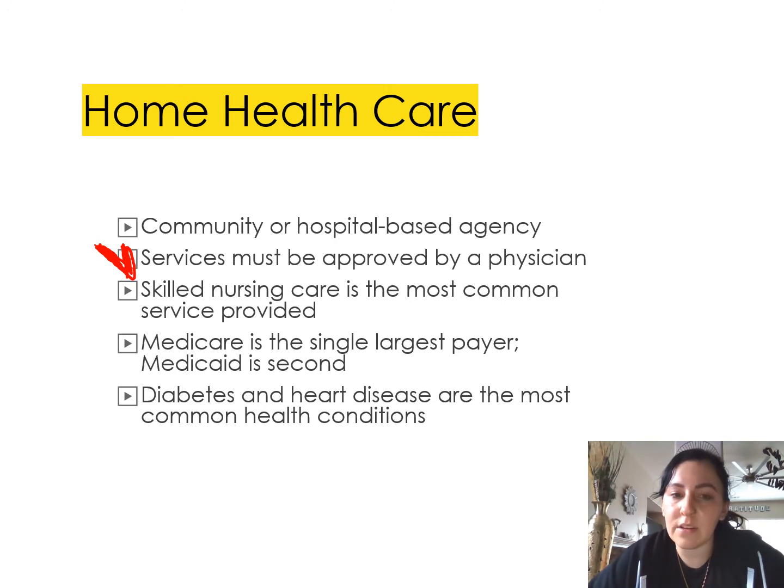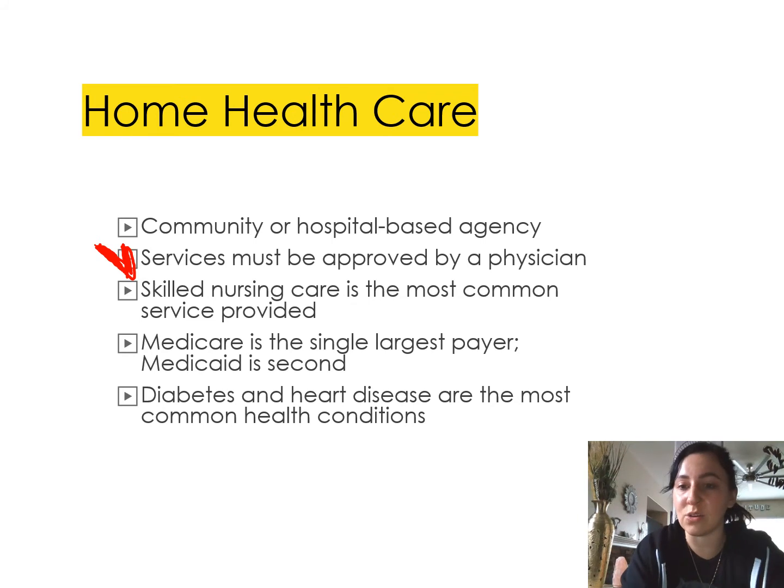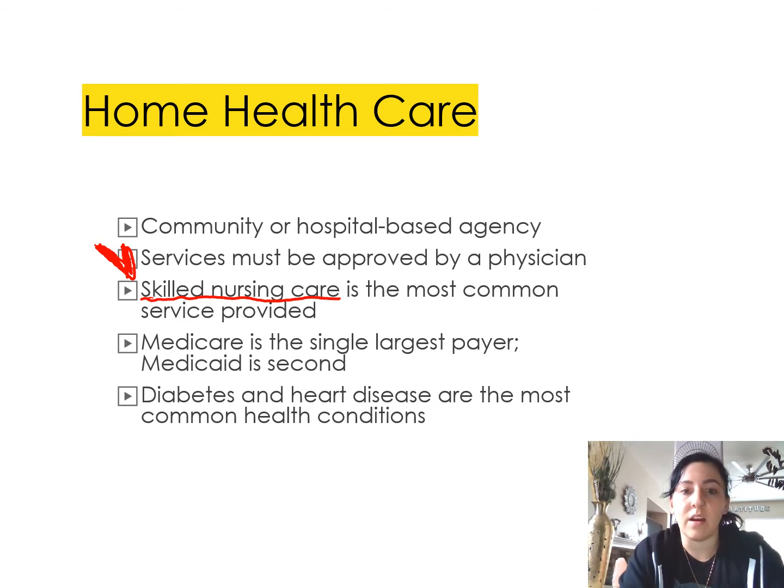Most common type of services provided for home health will be like infusions and a lot of those type of medications. So usually you're going to get an actual licensed professional nurse coming and they're going to give you skilled nursing care. All right, so Medicare and Medicaid are both going to be financiers of this type of care, okay, because it is medically related. It's medicine that is being provided.